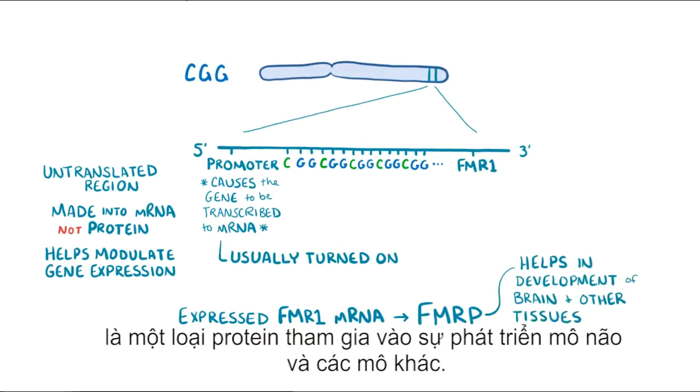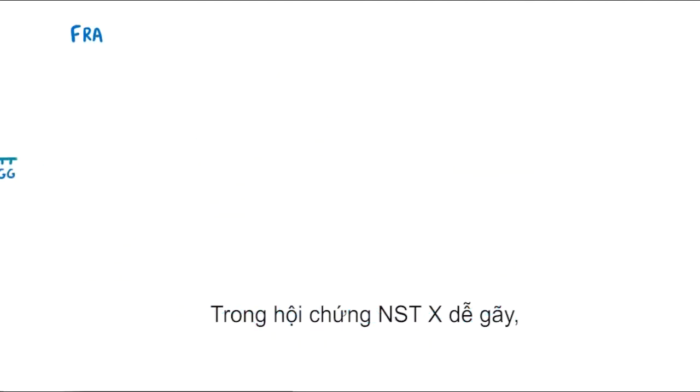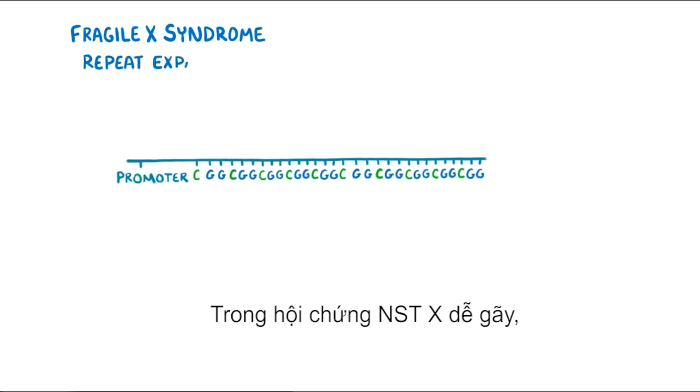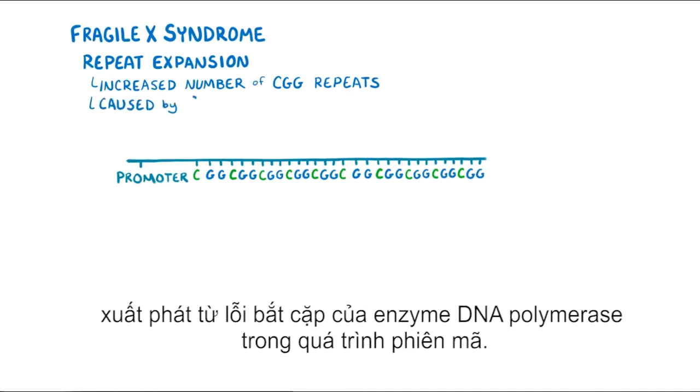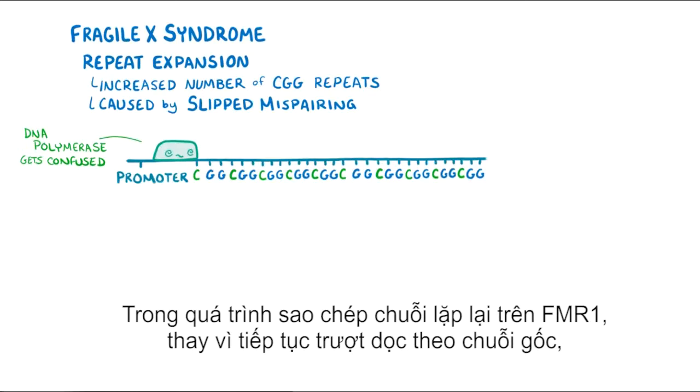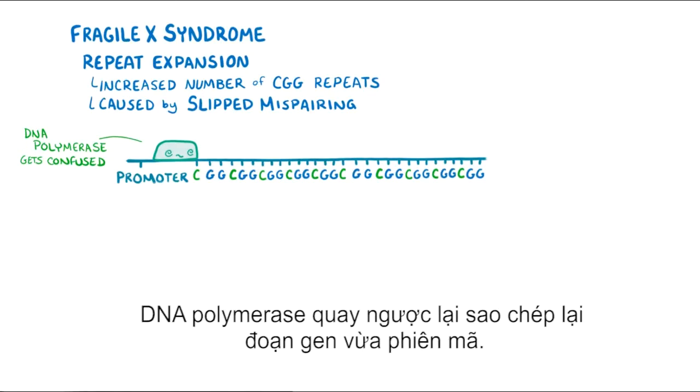In Fragile X syndrome, there's a repeat expansion, meaning there's an increased number of CGG repeats in the gene. This repeat expansion is caused by slipped mispairing, which is where the enzyme DNA polymerase gets confused when copying a repetitive sequence. DNA polymerase loses its place among the FMR1 triplet repeats and goes back to recopy what it already just copied.